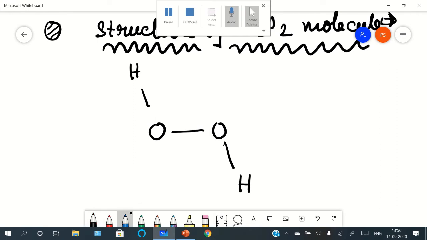The structure of hydrogen peroxide depends on the state of the hydrogen peroxide molecule. If the hydrogen peroxide molecule is in gaseous state, then the structure of the molecule will be like this.